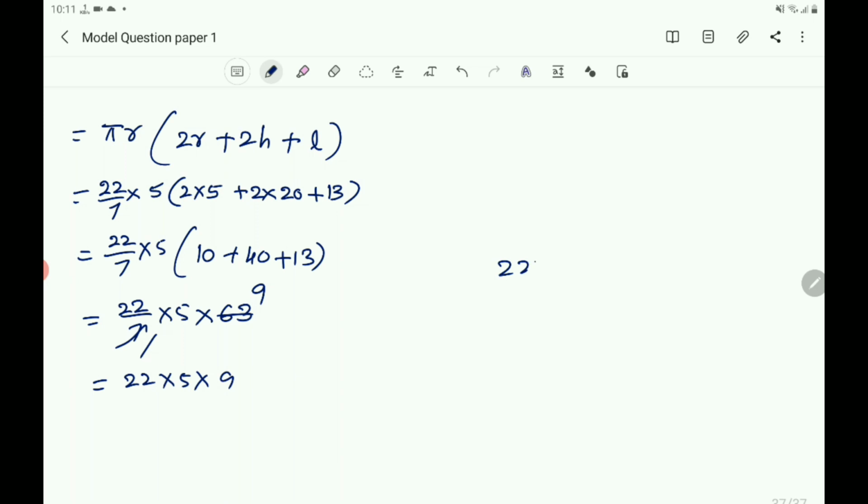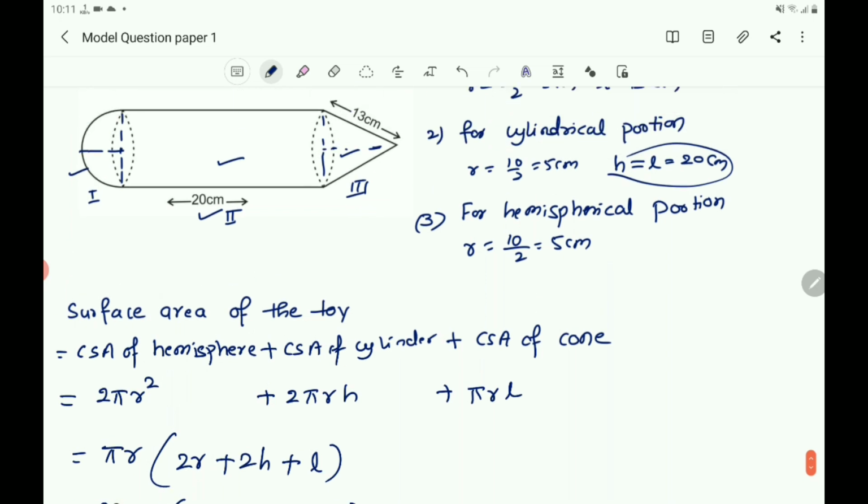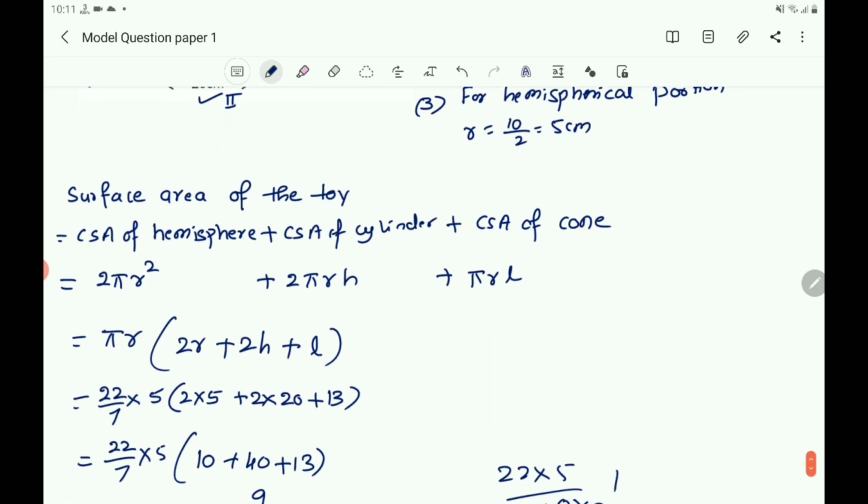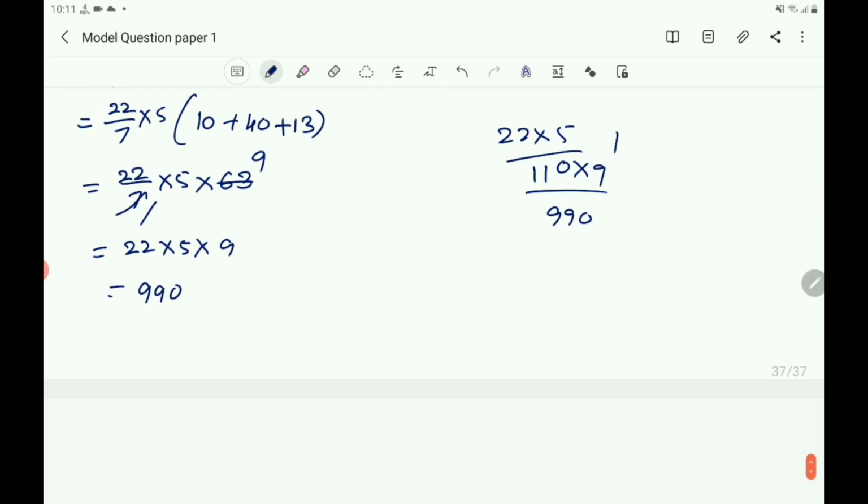You know that 22 into 5 is 110, 11 into 9. So then you will get 990. 9 into 0 is 0, 11 nines are 99. Then you will get 990, and the measurement is in centimeters. So it is a surface area, so you write 990 cm square.